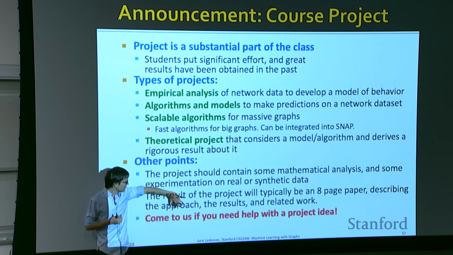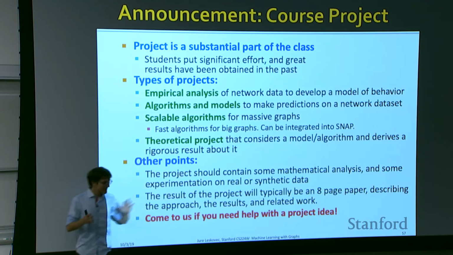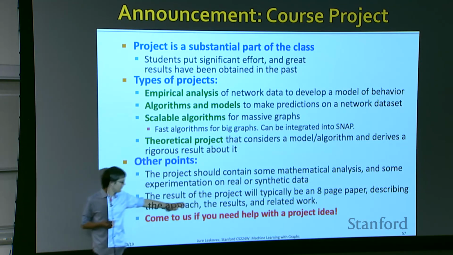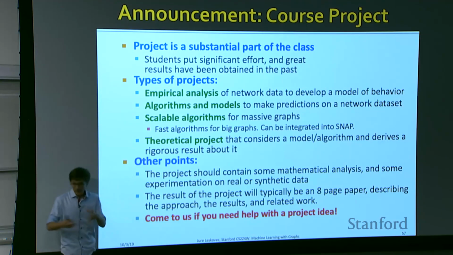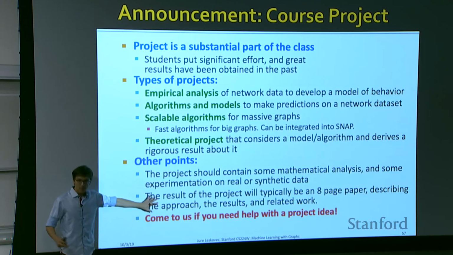Many times projects are a combination of some mathematical analysis plus some experimentation on the data. Results of the projects typically end up as a write-up paper. Many of these papers are actually published at conferences.